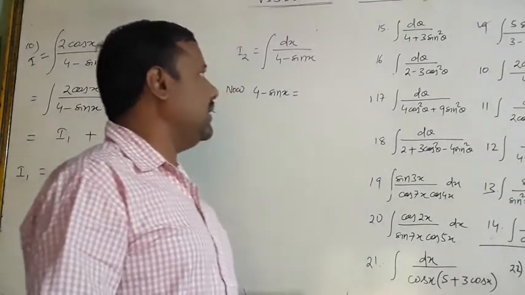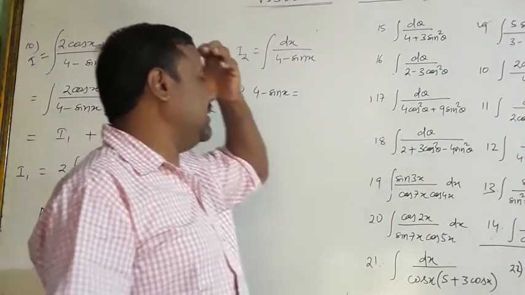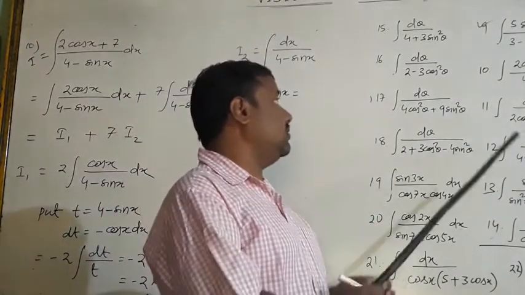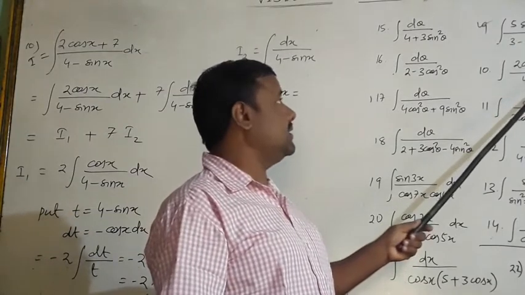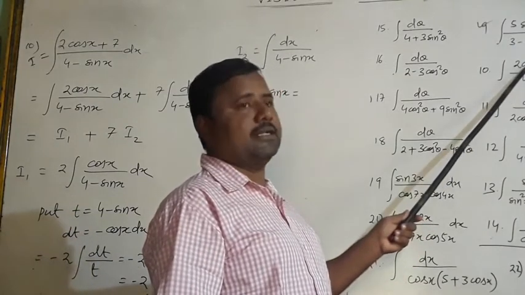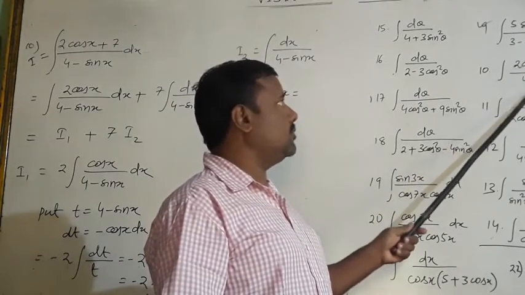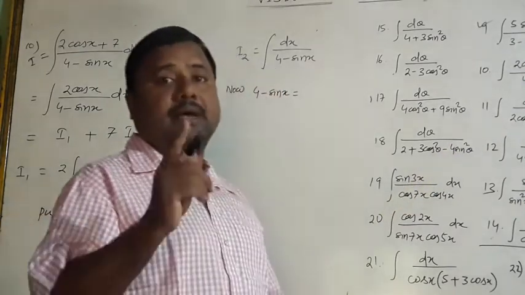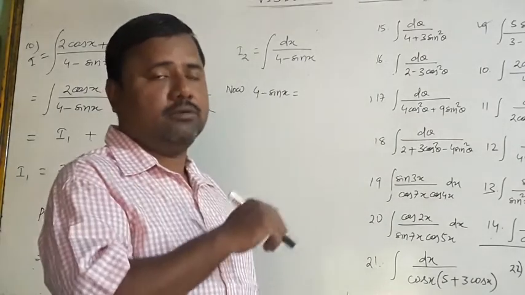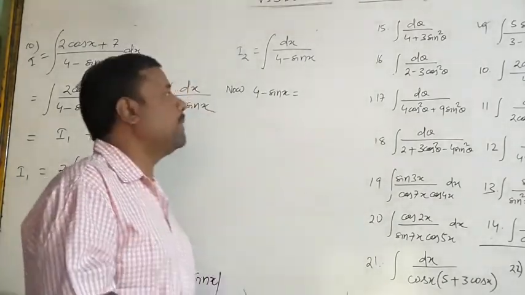In number 10, if the numerator is cos and the denominator is sin, then mind it, the derivative of sin is cos. Remember this. So you have to separate them. Mark the difference so that you can do it in your exam paper.